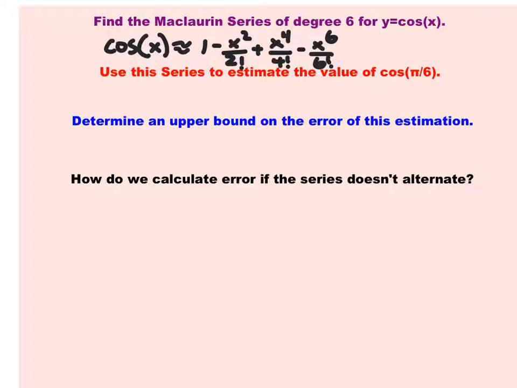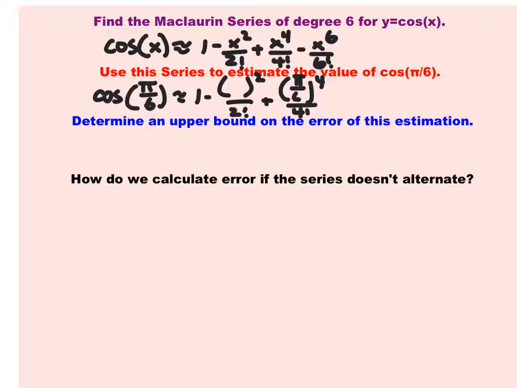So I would go ahead and take this polynomial that's been represented here, and I would just plug in pi over 6. So I would get 1 minus (pi over 6) squared over 2 factorial plus (pi over 6) to the 4th over 4 factorial minus (pi over 6) to the 6th over 6 factorial.